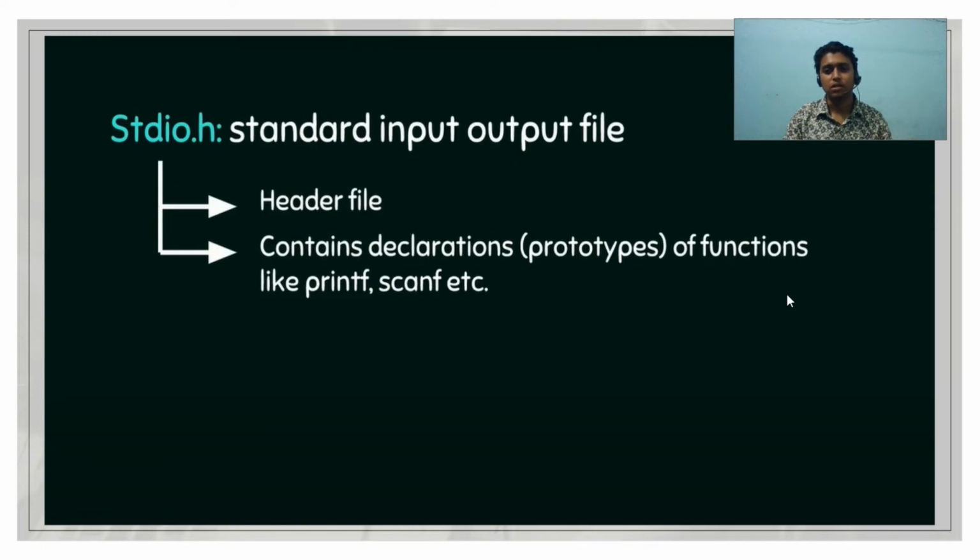The printf function is used to print the contents inside its parentheses, and scanf is used to take user input at runtime. Including the header file is important, as I need to tell which functions I am going to use in my program.